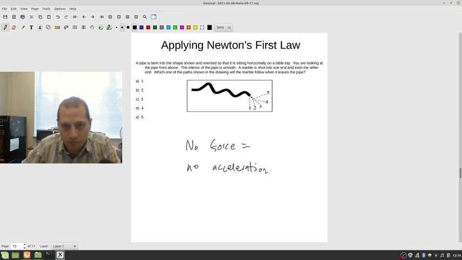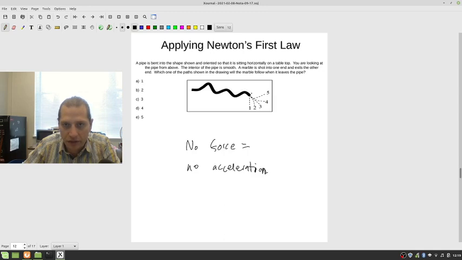Now, you might be thinking about this marble when it's going along this path. As it's going along the path, it's getting pushed by the walls of this pipe to keep following the path.